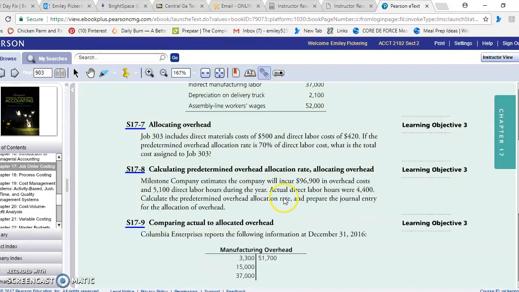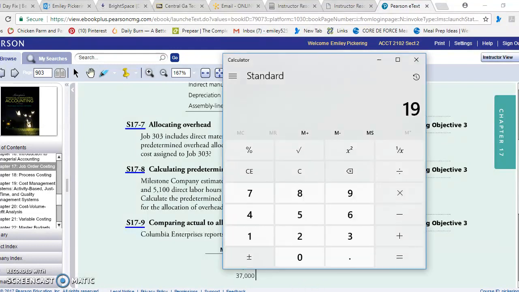So if we have $19 in overhead costs for every direct labor hour, and we incur 4,400 direct labor hours, I'm going to take 4,400 and multiply it by 19. That means we've also incurred indirect costs of 83,600.